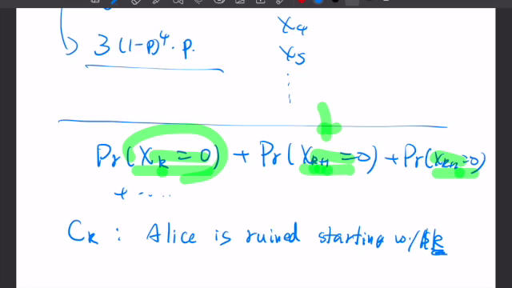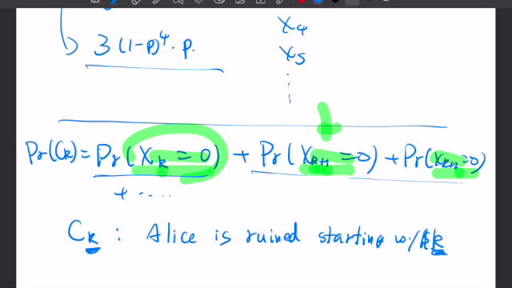So this k becomes this k. We don't care about how many plays she has to play in order to get ruined. So from this discussion, the probability of this event C_k is the sum of all these probabilities.